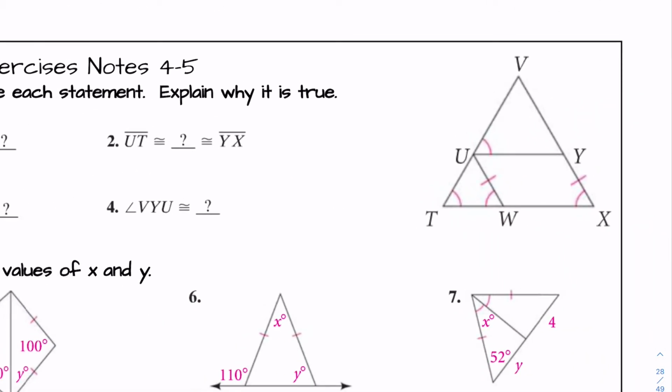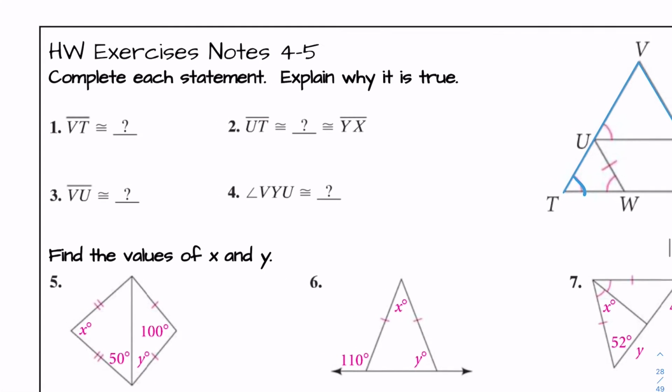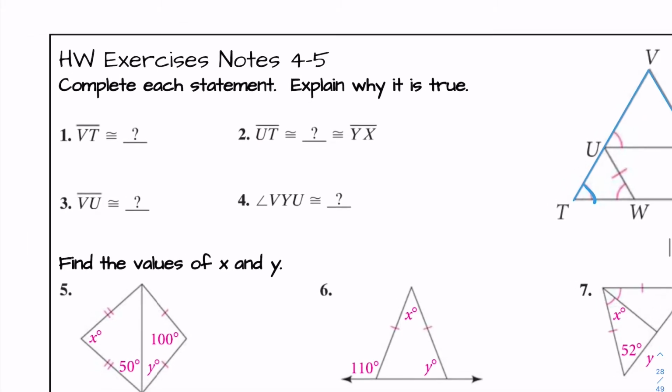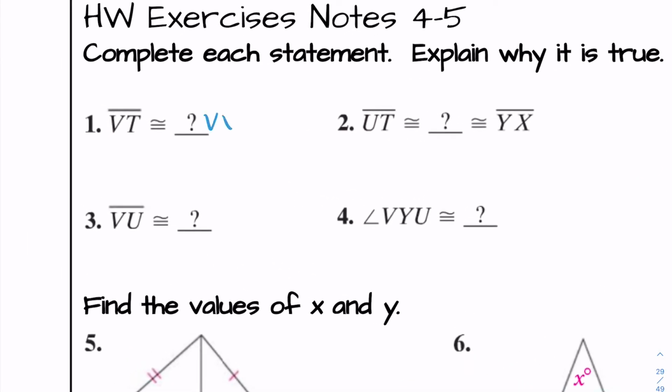Here's VT, and across from it would have to be the congruent part. Look, angle T and angle X are congruent and they're base angles. So I'm going to say VT is congruent to VX. And I'm going to say base angles are congruent. And that's the reason why.